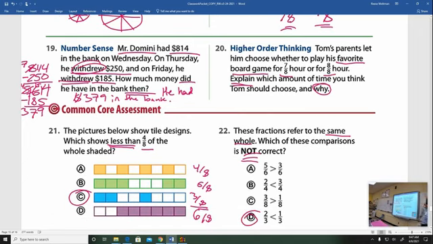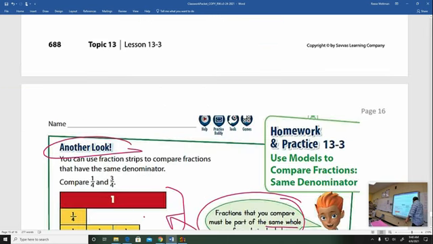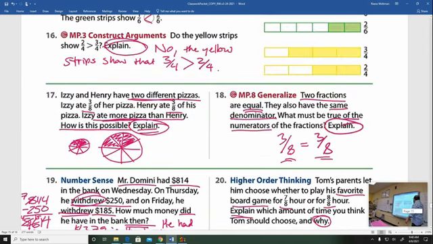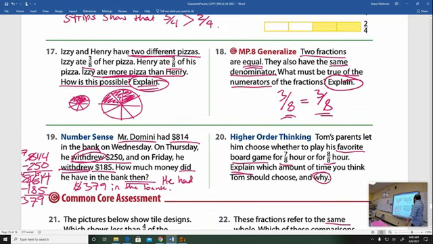On that one, what part of that one didn't work for you, Aiden? What answer did you get? On 18, what did you get? Oh, you didn't understand that one.